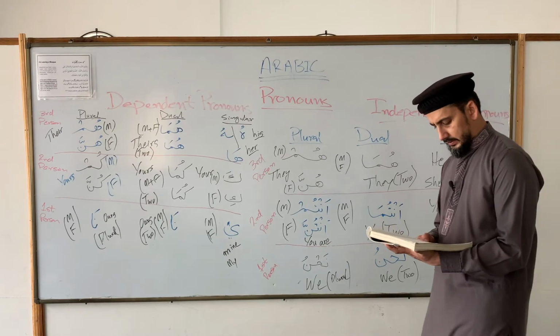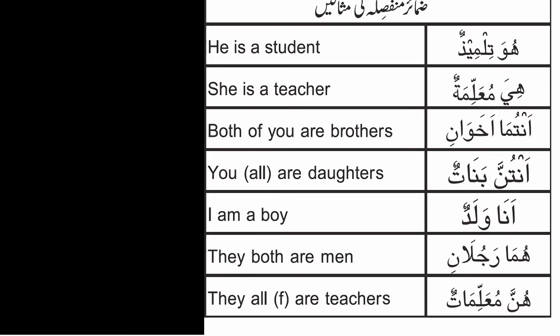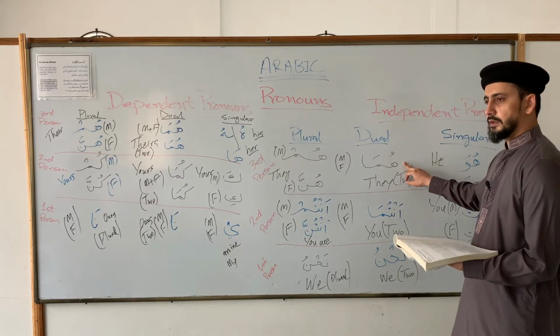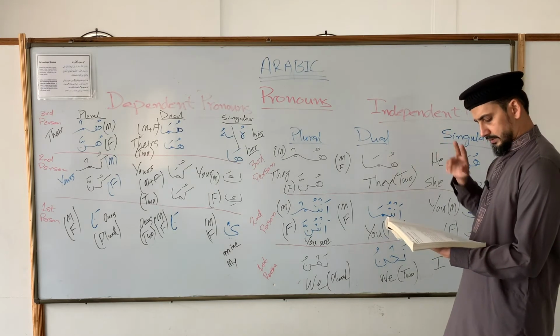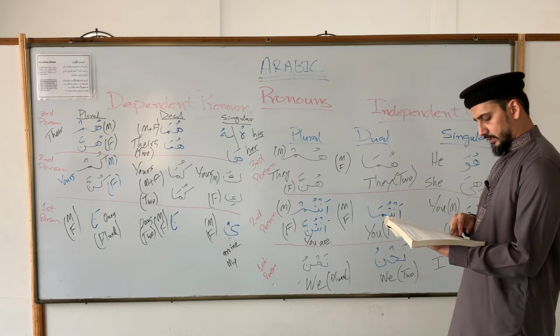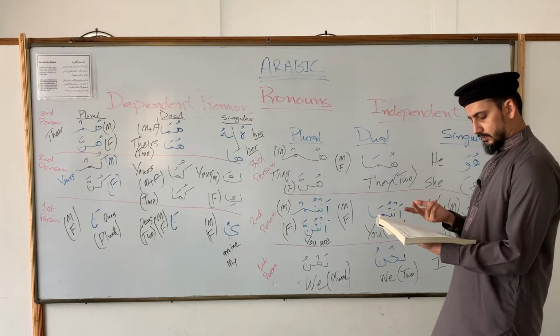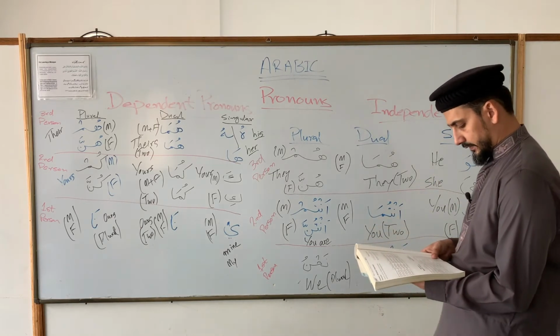Next is "huma rajulani", they both are men. "Huma" is from here, two. "Rajulani", they both, so it means two.